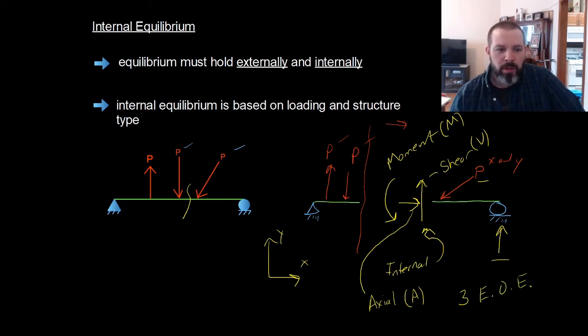So based on our supports and our structure types, we need to make sure everything in statics meets both external and internal equilibrium. We're going to ensure this by using our equations of equilibrium. And that is all the tools and all the things you need to do the rest of the course.